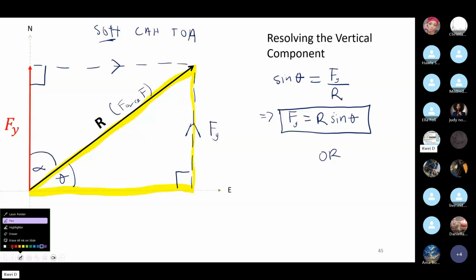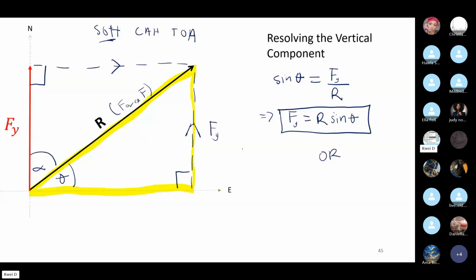So since it's adjacent to it, it means you can use the CAH, which is the cosine. So cos alpha is equal to adjacent, which is Fy, divided by R.